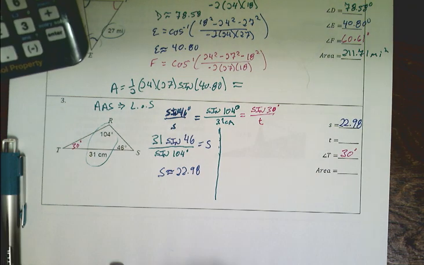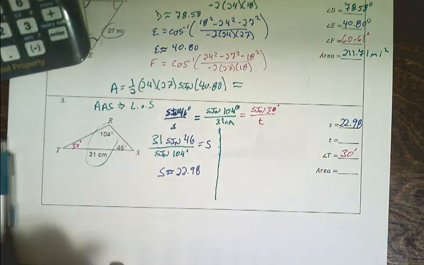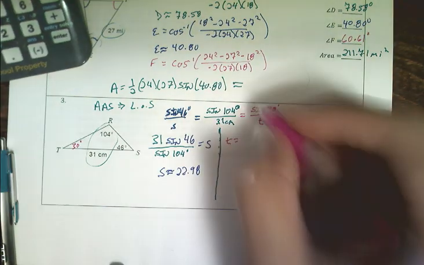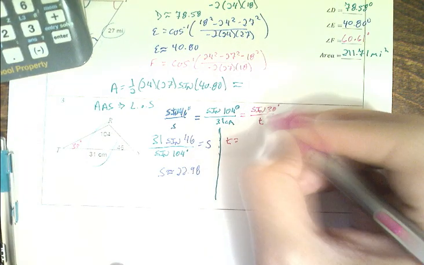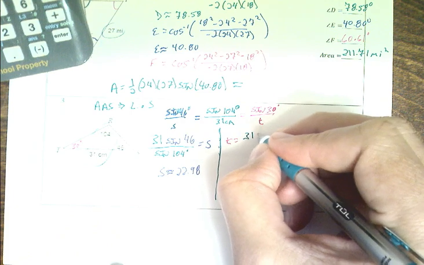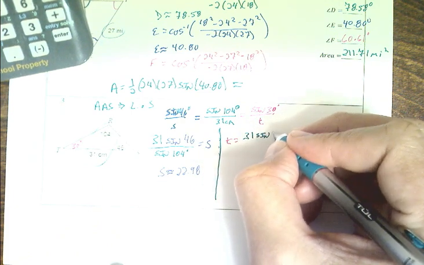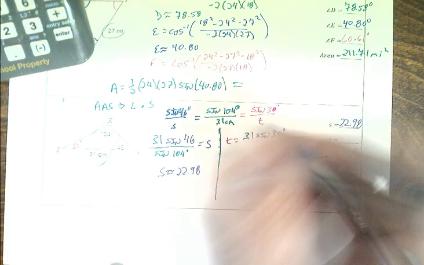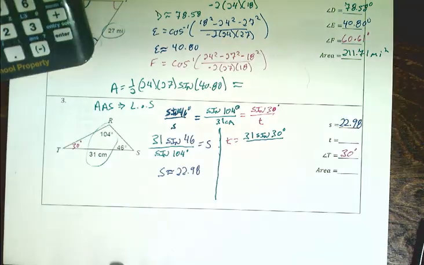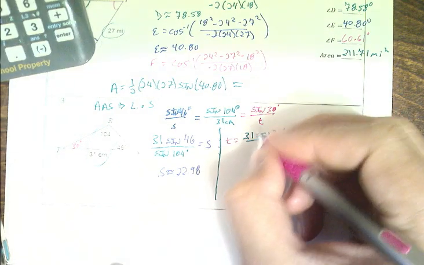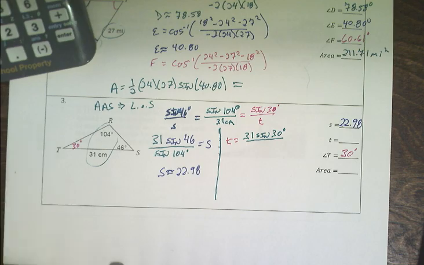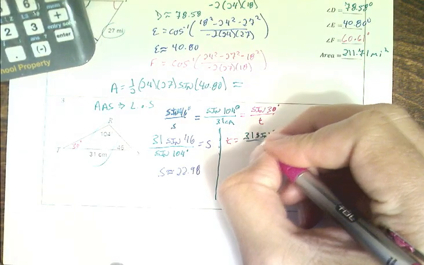And then we got t here. So t will be equal to 31 times sine of 30 divided by, what color? Sine 30 was supposed to be pink.